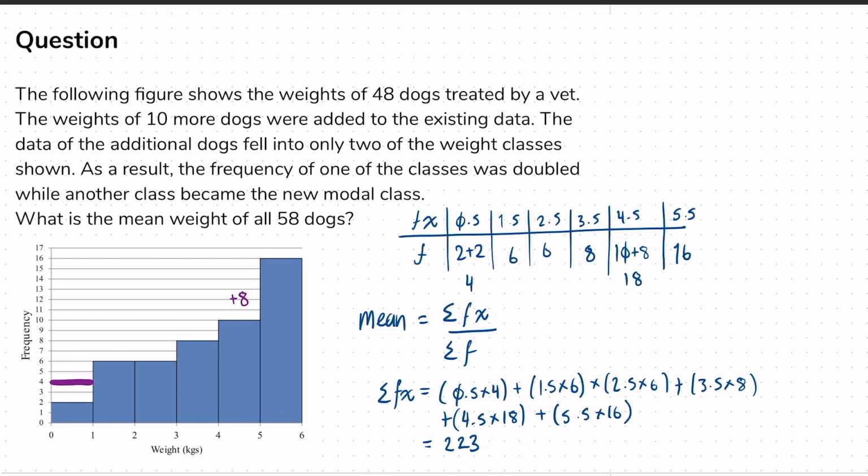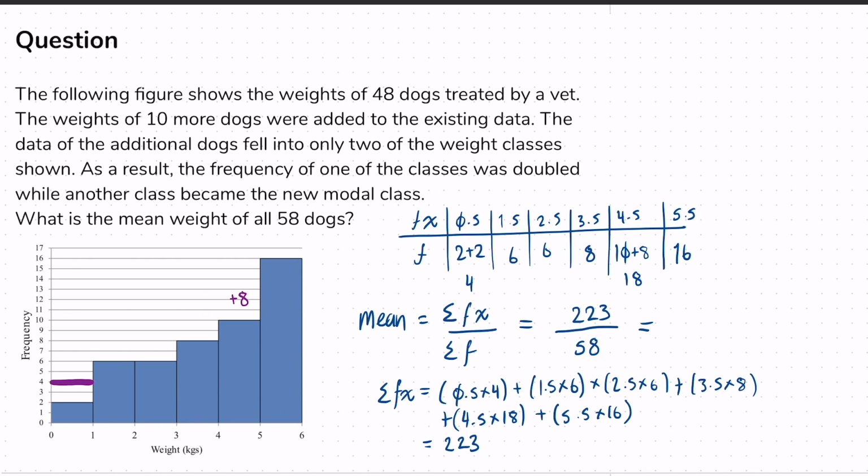So moving back up here, this sum, 223, we already know the total. We don't need this here. We already know how many there are, right? There are 58. So what does that equal?